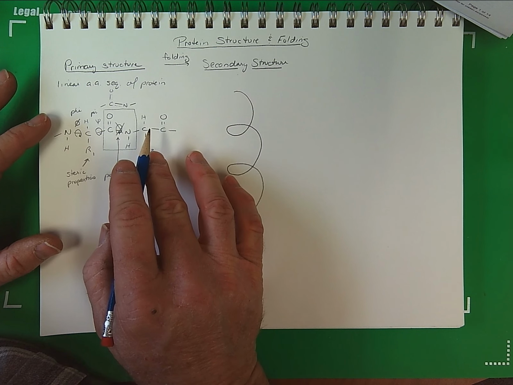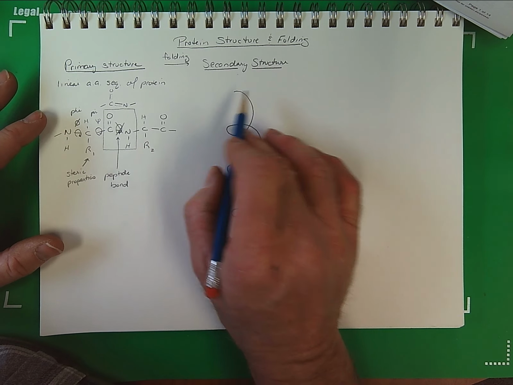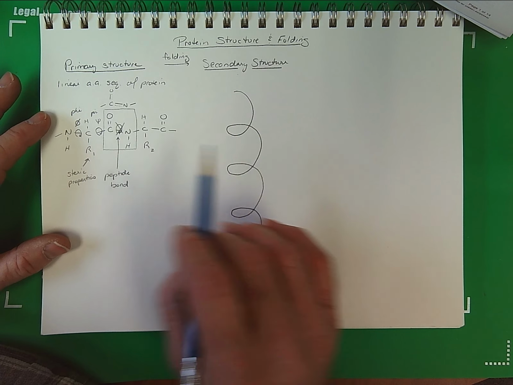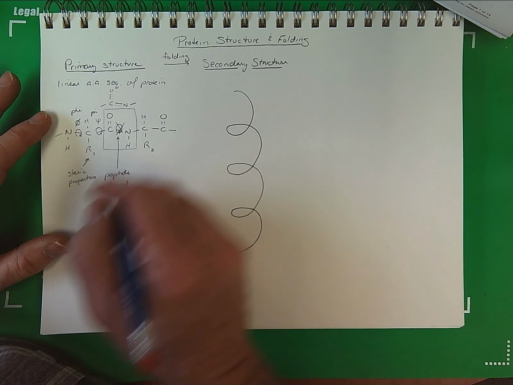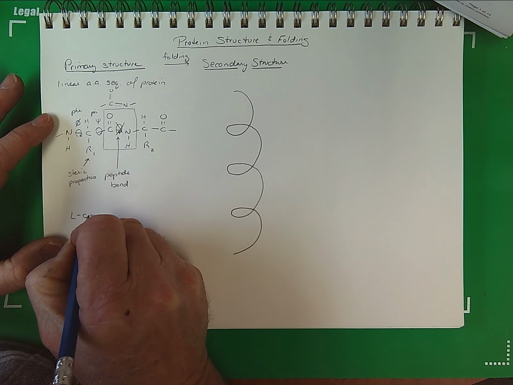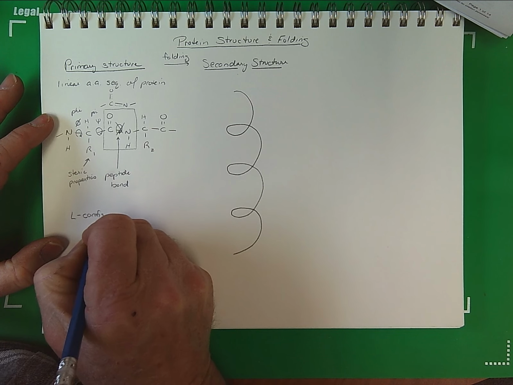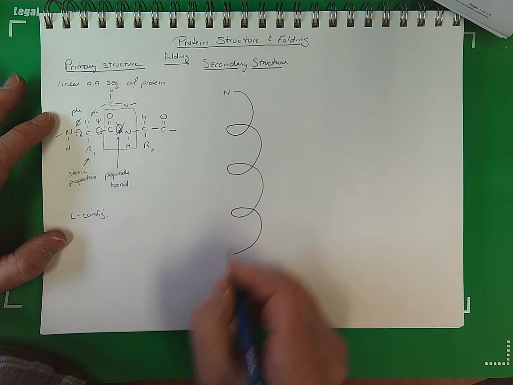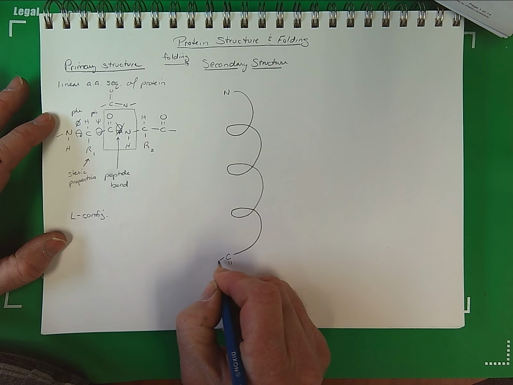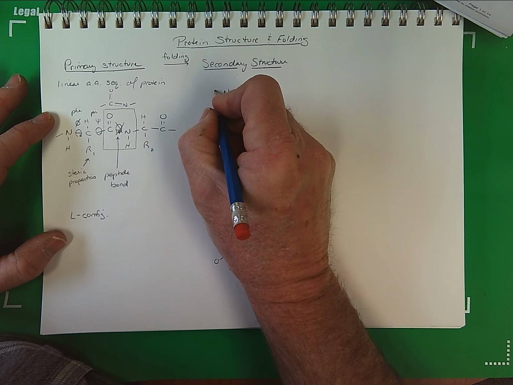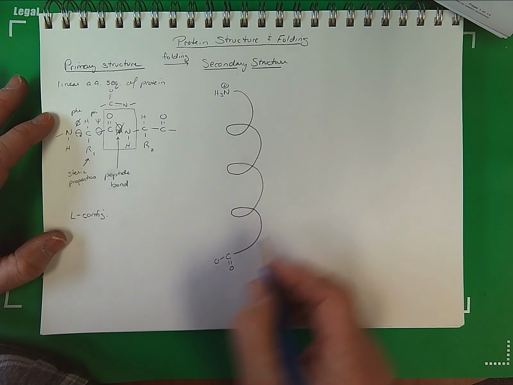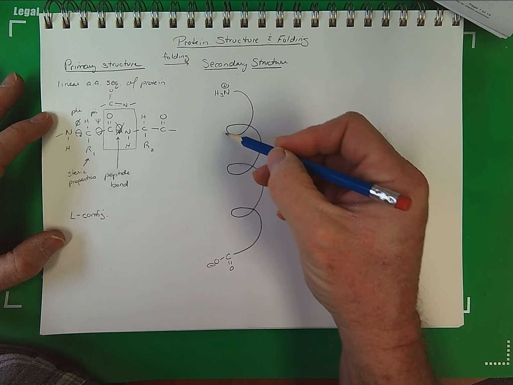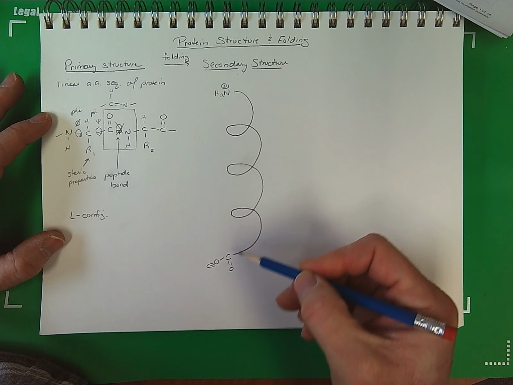Once we consider these, we can now draw potential secondary structure. Because recall, these amino acids are all L, levorotary configuration. That is going to give the secondary structure a right-hand turn, looking from N terminus to C terminus.